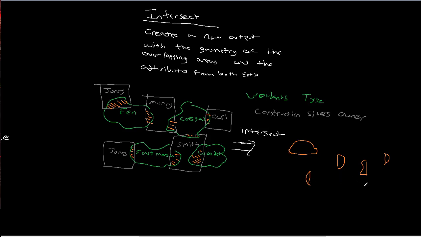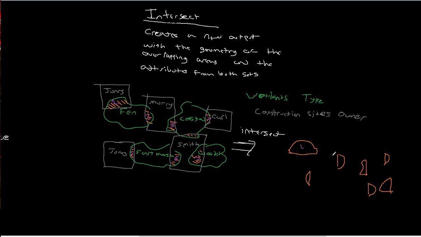Over here, something that looks kind of like this, and then something that looks kind of like that. If I number these in a different color, let's say purple: 1, 2, 3, 4, 5, 6, and 7.